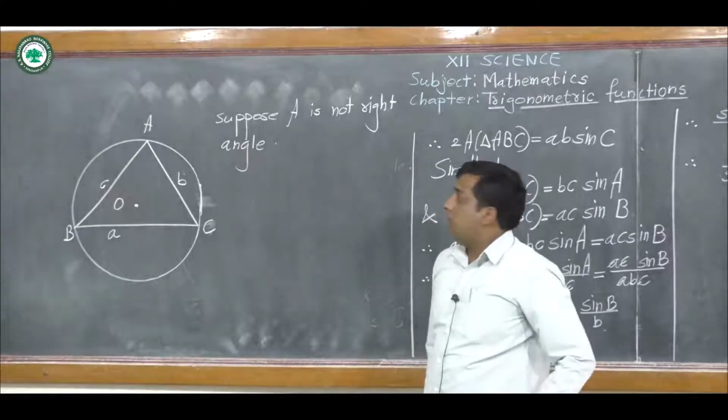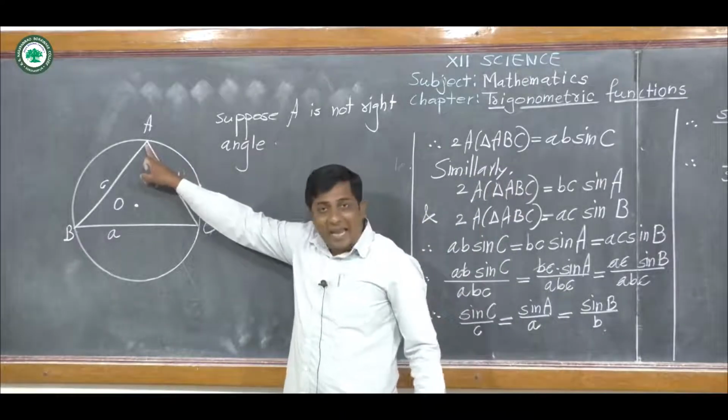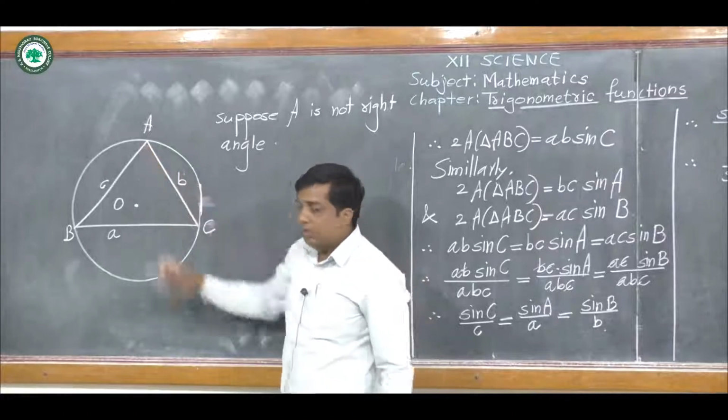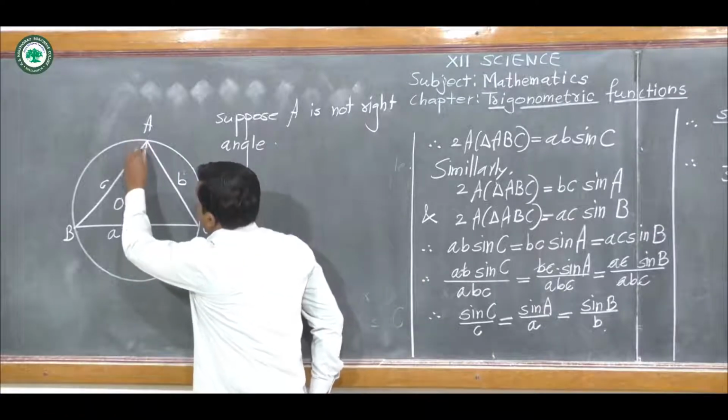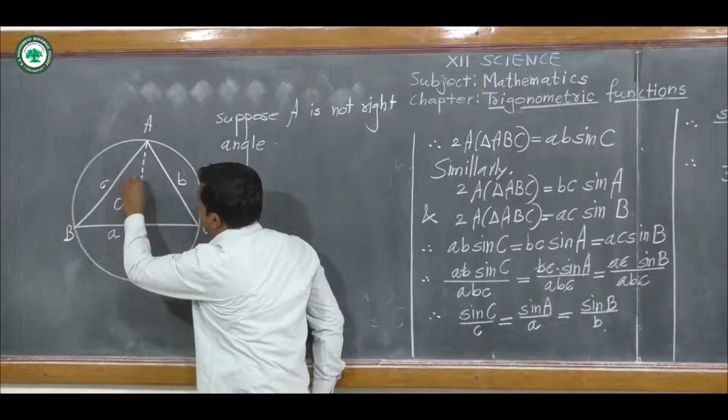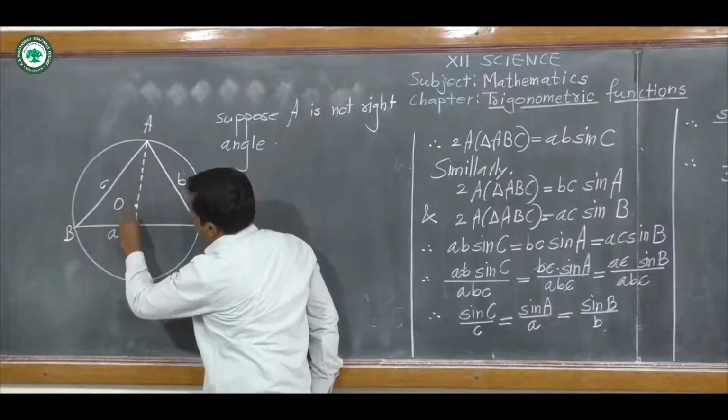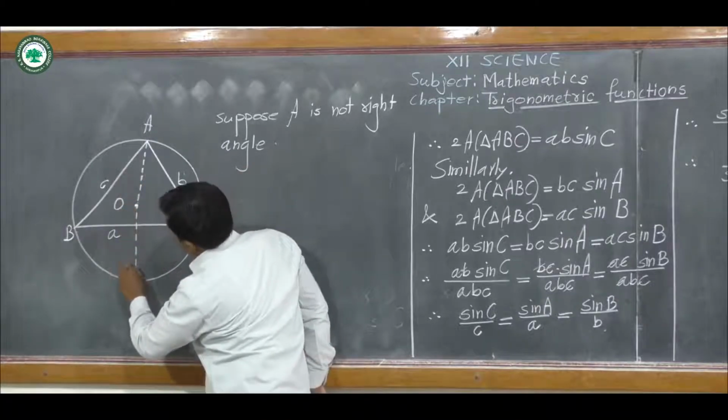Now from point A, we draw a diameter. To define our relation, we draw a diameter like this.